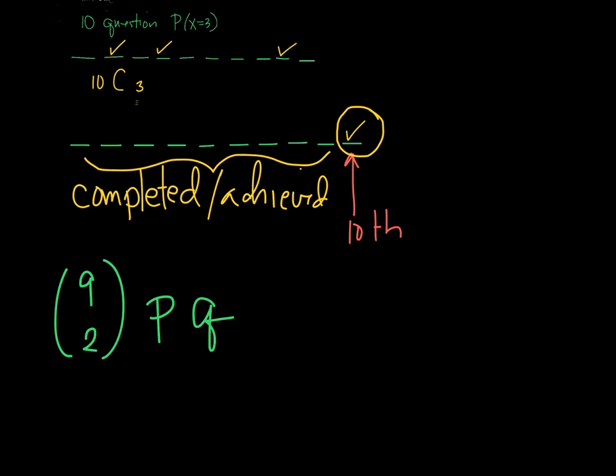So that means P, the probability of success, must be raised to 2. Think of that as if we select, for instance, one particular case in which the 2 correct items will happen. Suppose it happened on the 3rd question and on the 5th question, and then the rest are all wrong.